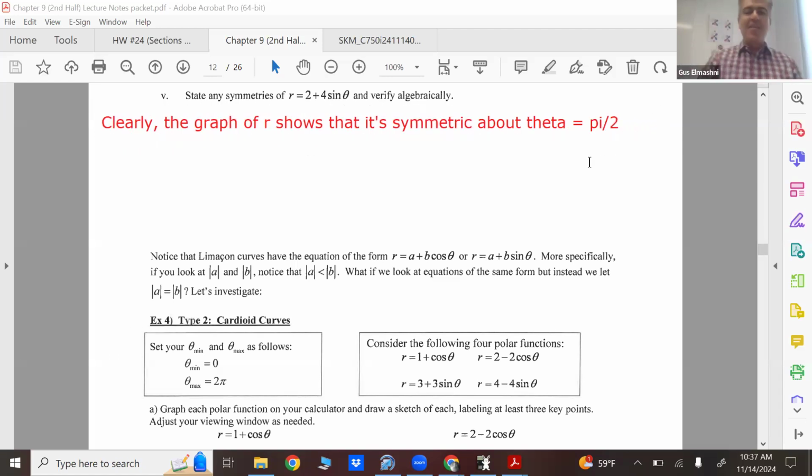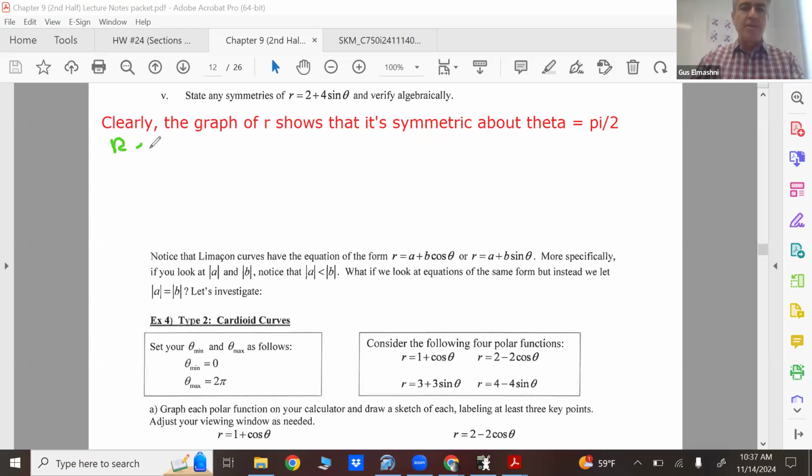It's all good. Okay. So clearly the graph of r shows that it's symmetric about theta equals pi over 2, right? Sorry, let me reword this.